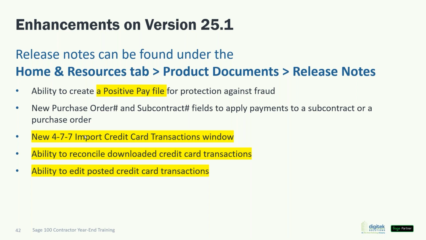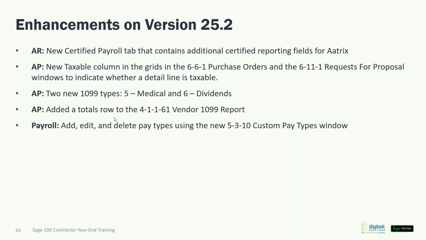I tested it out the other day, and it actually works pretty darn well. So to me, that's one of the biggest ones, along with the positive pay. And then you can just go back and open up the release notes to see some of the other enhancements that they have done. There have been some enhancements to AR, AP, payroll, etc.